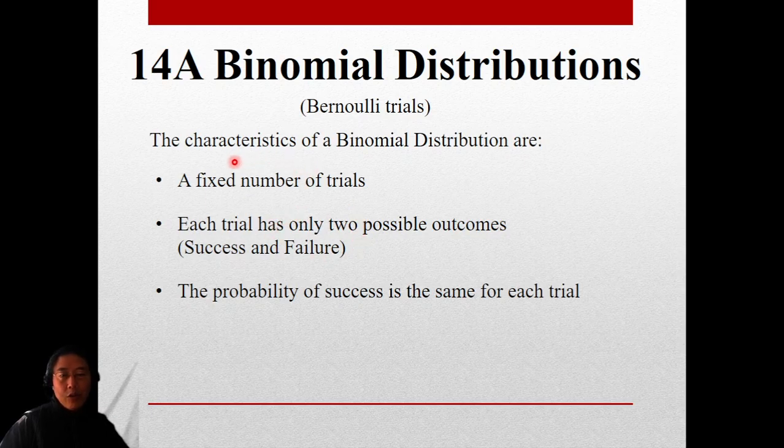You will also know the number of trials, a fixed number. As for example, you toss a coin 10 times, that 10 will be your number of trials. And to do some calculation, you will need to know the probability of success, which leads to knowing also the probability of failure.